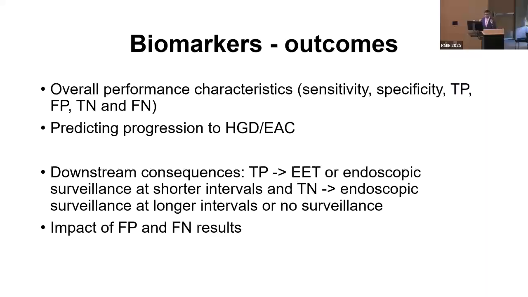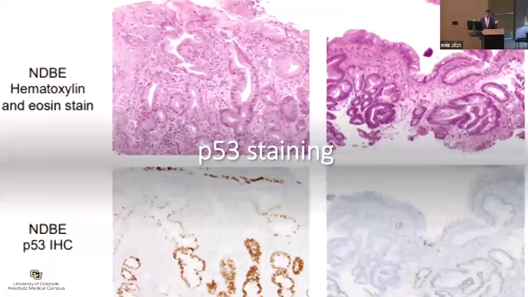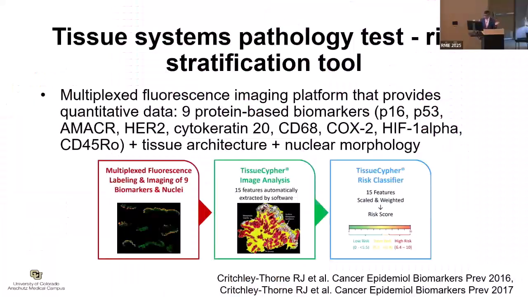Again, similar to the point that I made this morning when the panel was talking about biomarkers for pancreatic cysts, I think it's really important to understand how well these biomarkers work in clinical practice. What are the diagnostic characteristics? We need to understand what the false positive rates are. P53 staining is one that has been used for the longest period of time.